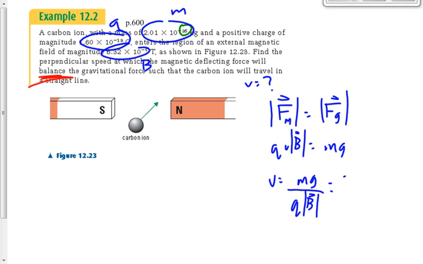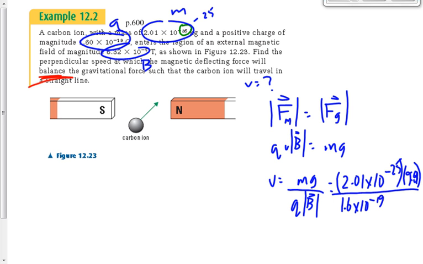We get 2.01 times 10 to the minus, did anybody look that up? 1025, okay, thank you. Times 9.81. We're just going to make it positive because we're dealing with magnitudes here, right? Charge is 1.6 times 10 to the minus 19 times 6.32 times 10 to the minus 5.